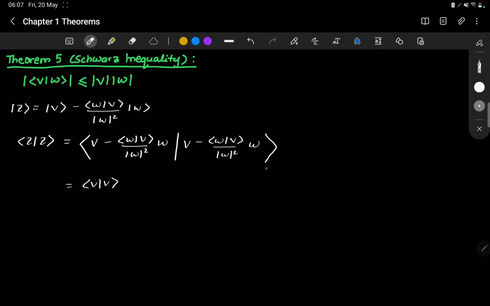Let us now just expand this and write out all the terms explicitly. So just so that we do not get confused, let me write it down step by step.